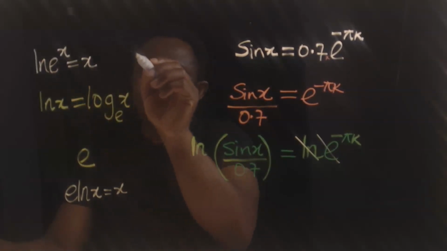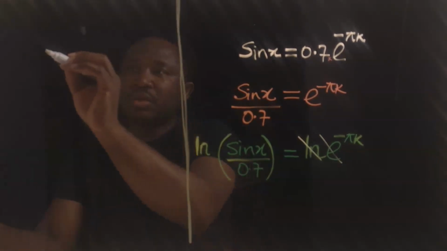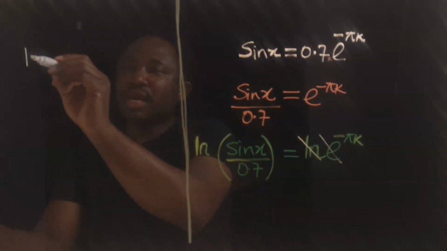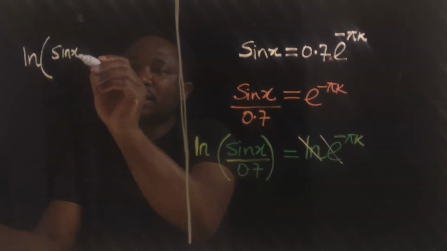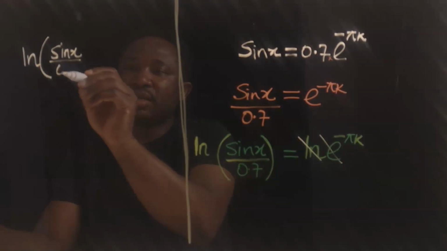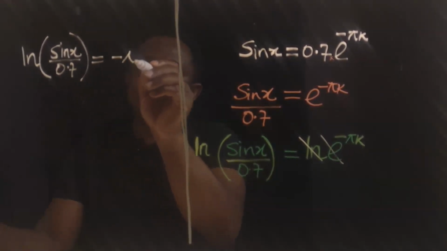This is ln of x. Next, we are now going to have that the natural log of sine x divided by 0.7 is minus pi k.